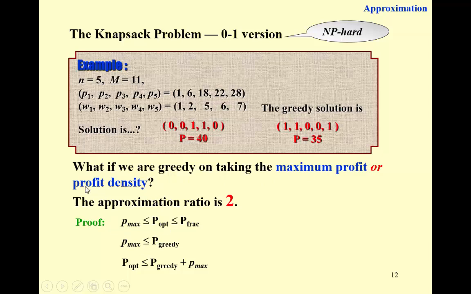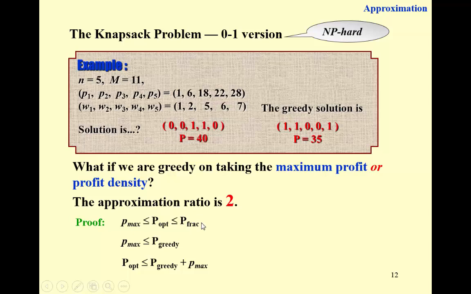Now let's compare the greedy solution with profit density with the solution of the fractional problem. What do we get? With both methods, we are actually packing the same items according to the same greedy criterion, right? The only difference is that this is a 1-0 version. So we can only keep packing until there's no space for the last item, right?